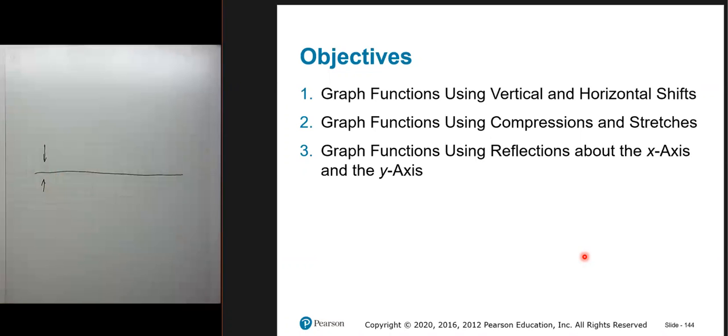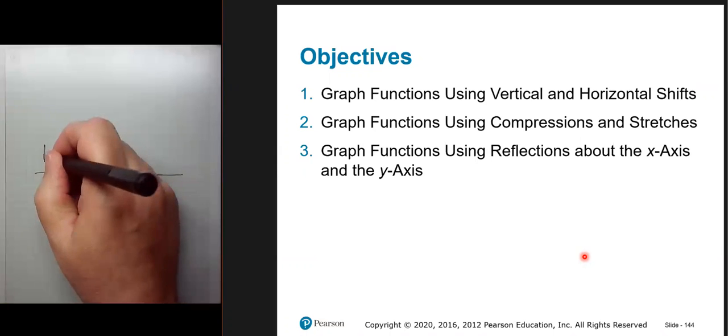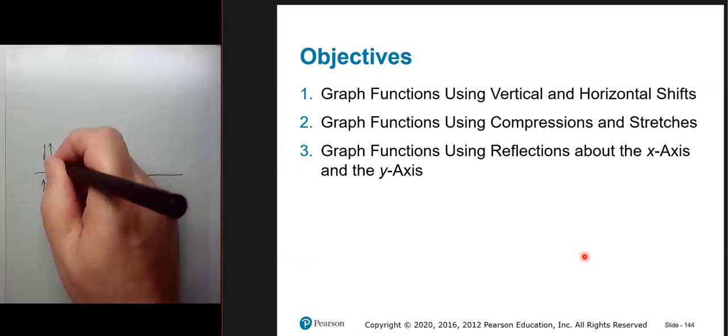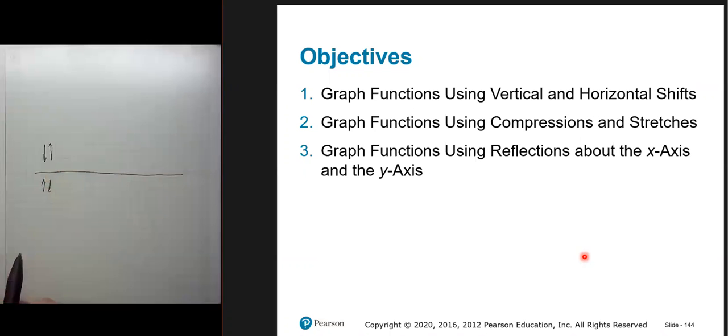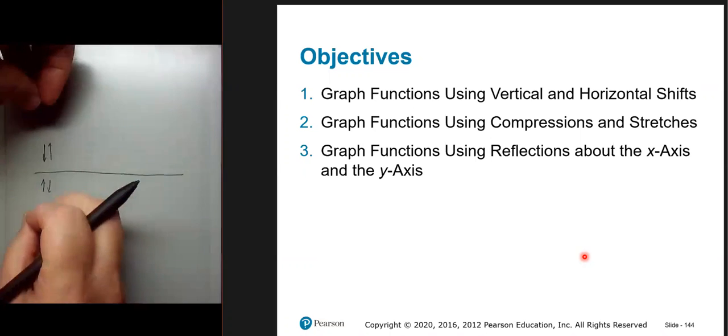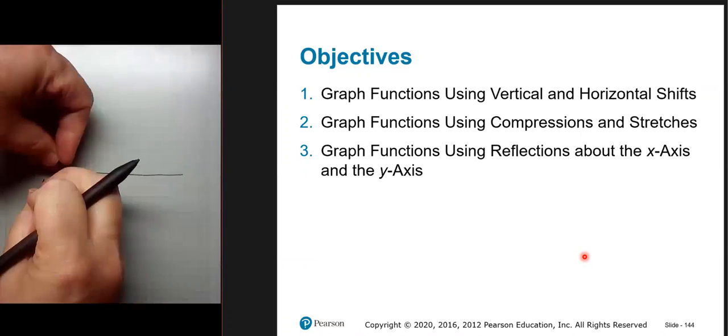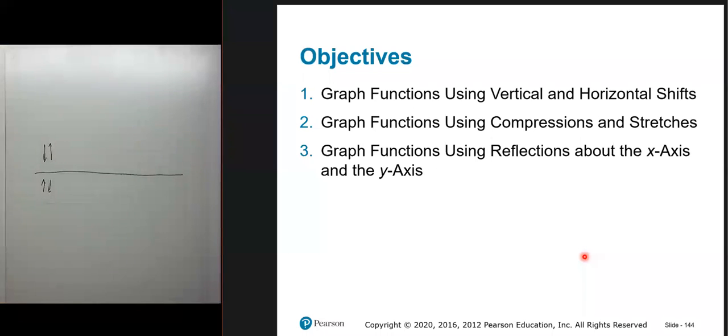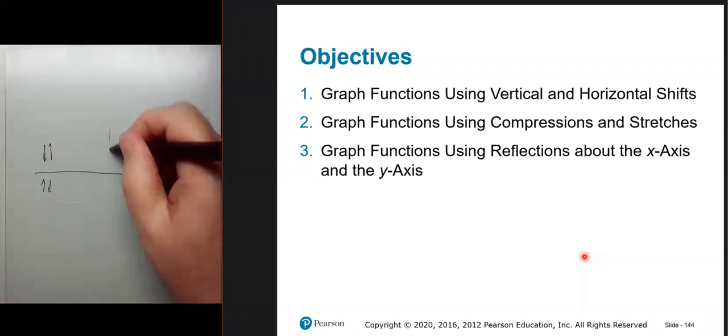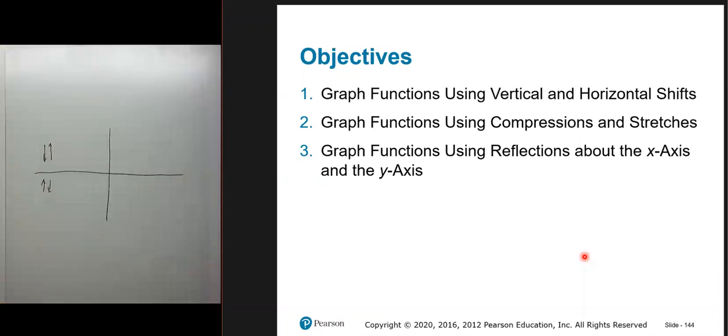And you have vertical stretches. Well, that's going the other way. That's pulling it away from the x-axis. So it's like a spring. You're going to pull it out, or you're going to compress it down. And so that happens same in the horizontal. A compression is moving it towards the y-axis, where a stretch is pulling it away from the y-axis.